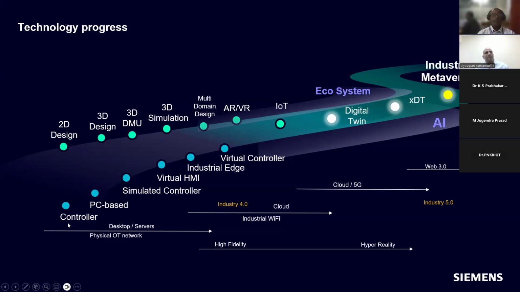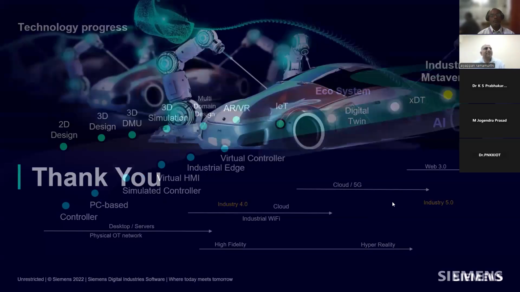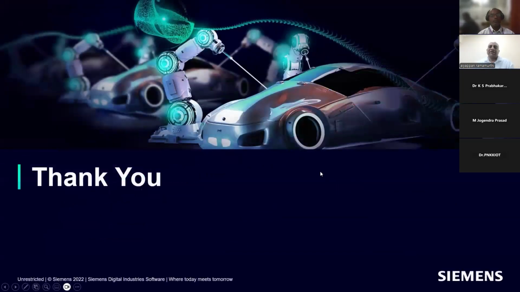The top one you are seeing is from the digital side, the bottom one we are talking more from the shop floor with the industrial edge and virtual controller and so on and so forth. So that, in summary, is my foundation for the digital twin.